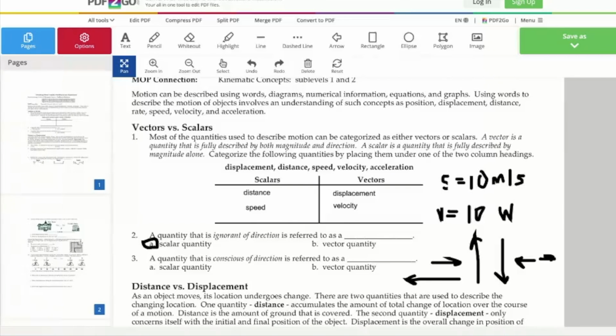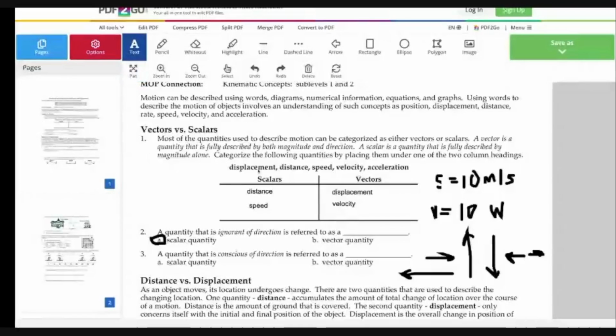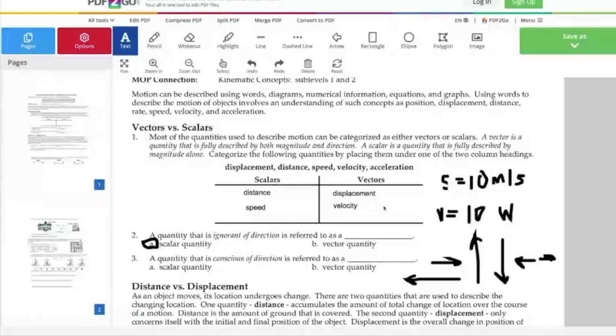Okay, and then the last one. And then acceleration. Okay, so we have a couple. That is correct. Acceleration is a vector because since velocity is a vector and acceleration describes our change of velocity, acceleration kind of has to be a vector.